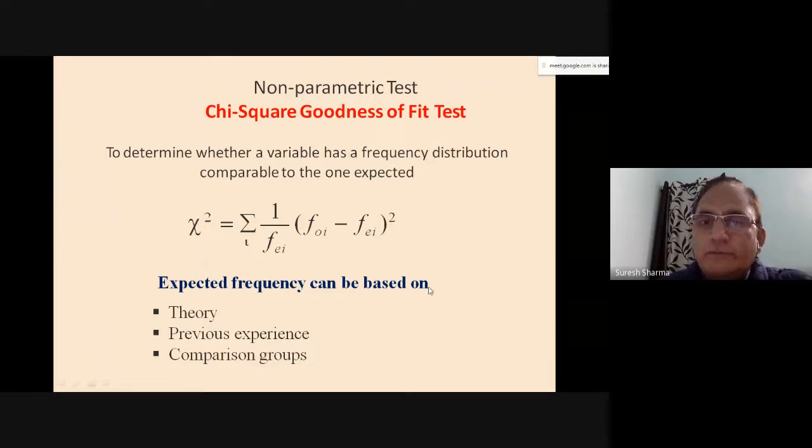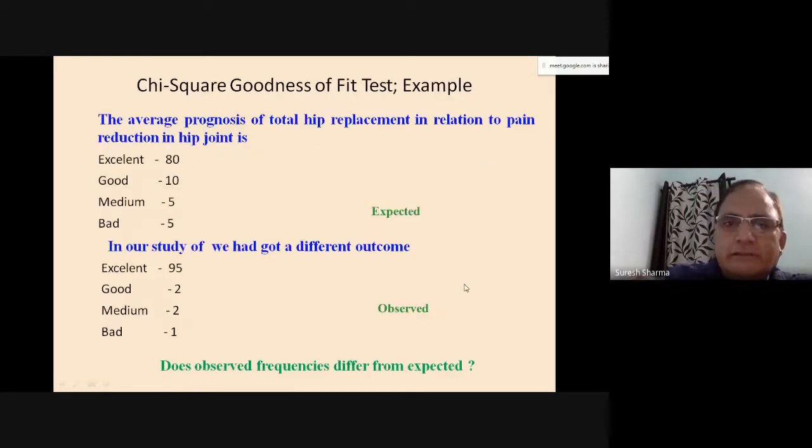Expected frequencies could be based on theory, previous experience, or comparison groups. Let's take an example. Chi-square test of goodness of fit. Now, the average prognosis of total hip replacement in relation to the pain reduction in the hip joint. When there is a hip replacement, whether there is pain in the joints.